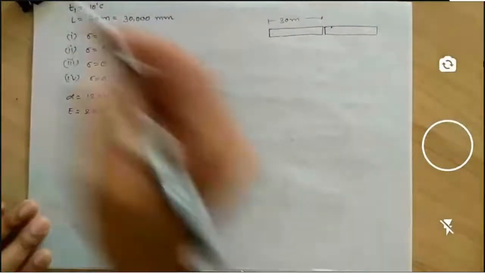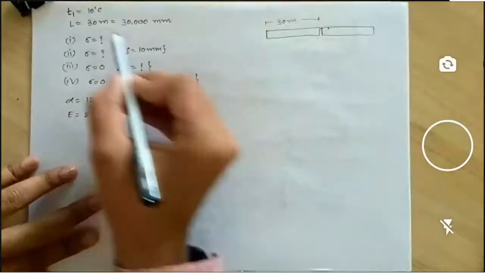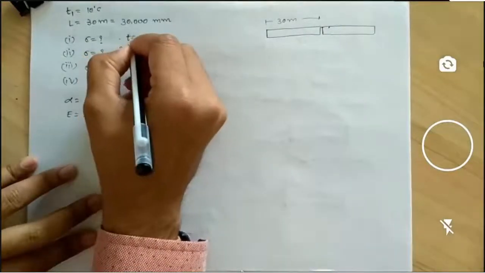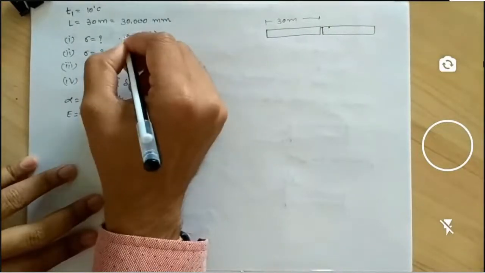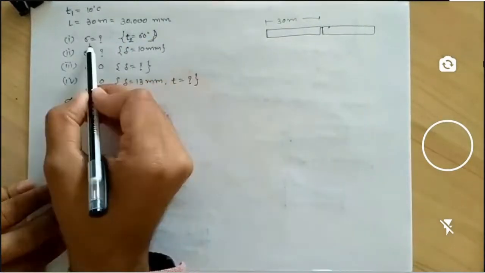So if the temperature increases to 60 degrees, means T2 is 60 degrees, in that condition you have to find the stresses.